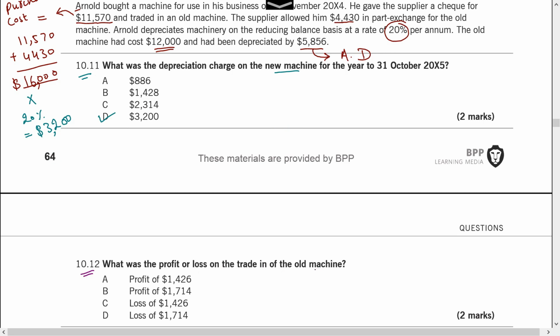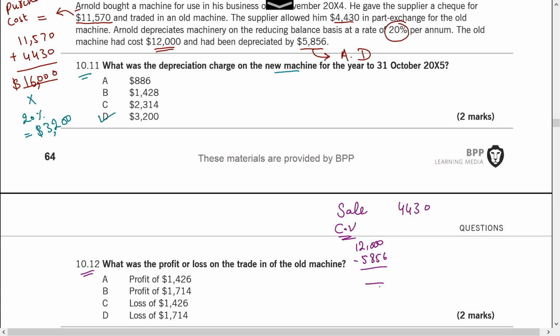Okay, now according to question number 12, what was the profit or loss on the trade in of the old machine? First of all we have to identify the sale value, and the sale value is 4430, and now we have to compare it with the carrying value of the asset. The historical cost of the asset was 12000 and its accumulated depreciation was 5856.